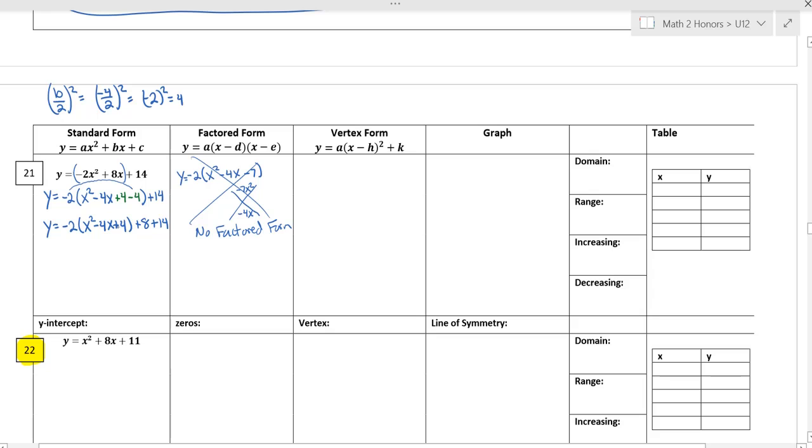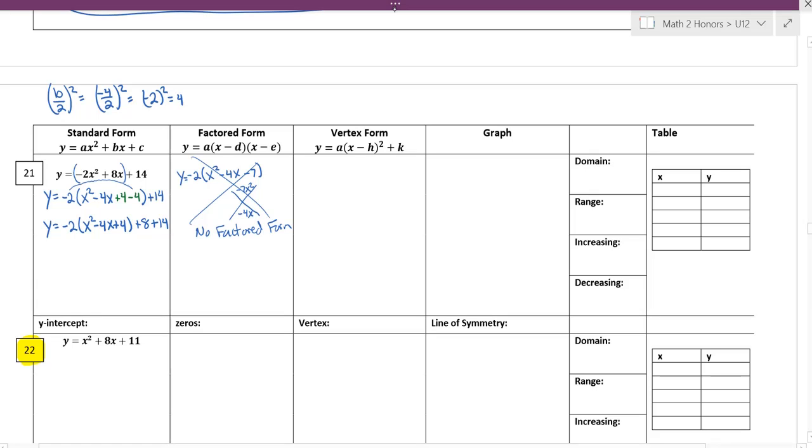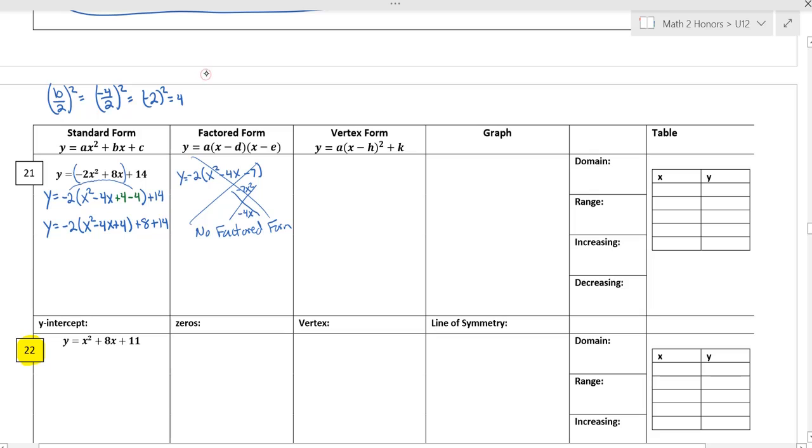Now the 3 things that are left inside your parentheses will factor. And it should not only factor, but it should factor to be a perfect square. That's why we call it completing the square. So let's just verify that. I got x squared minus 4x plus 4 in my parentheses, right? If I try to factor this, we have two terms that multiply to 4x squared and add to negative 4x. That's going to be negative 2x and negative 2x.